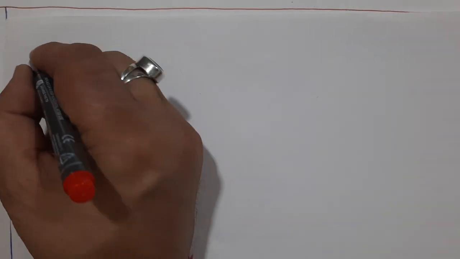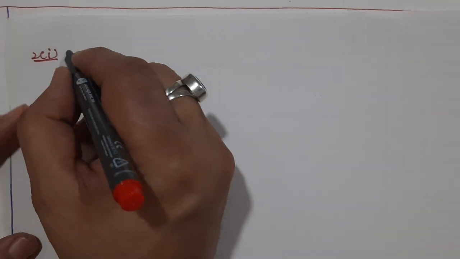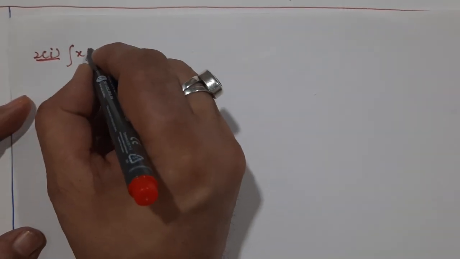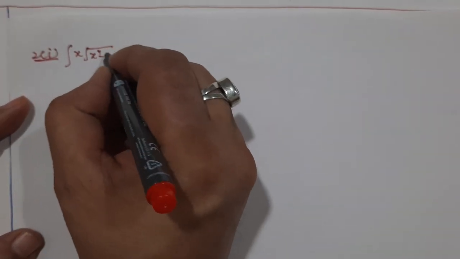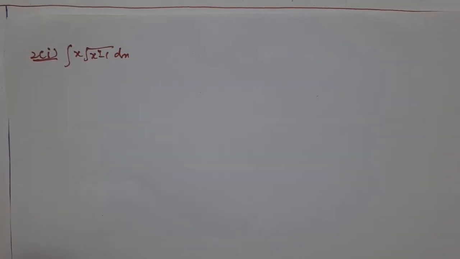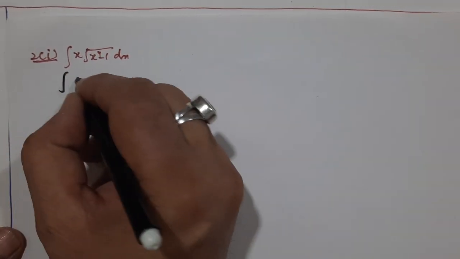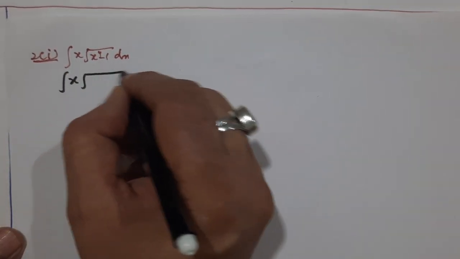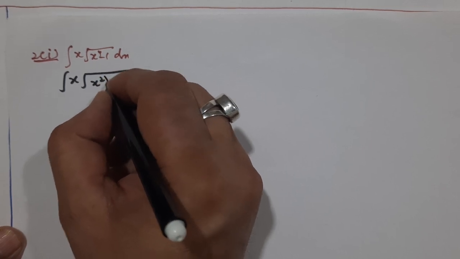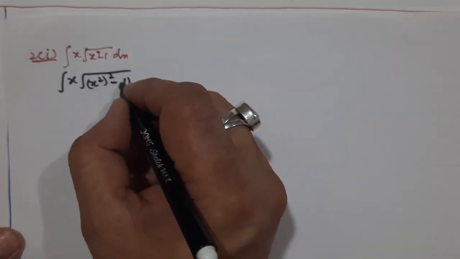Now students, second question, first part. Under root of x under root x power 4 minus 1. Now students, let us do this question. Here, first of all, we can write x4 as x square minus 1 square.